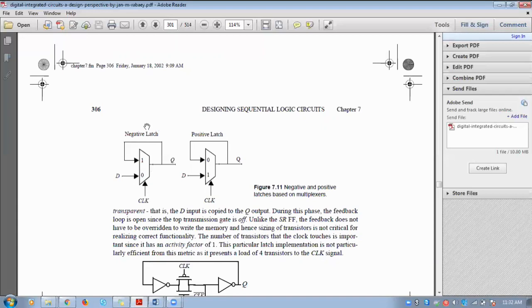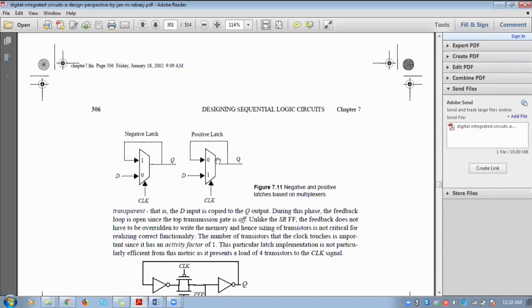So the latch, whether positive or negative, is named based on which select line value your input is going to appear as output. When I am applying logic 0 as the select line, if at that time only your input is coming as output, that is known as a negative latch.